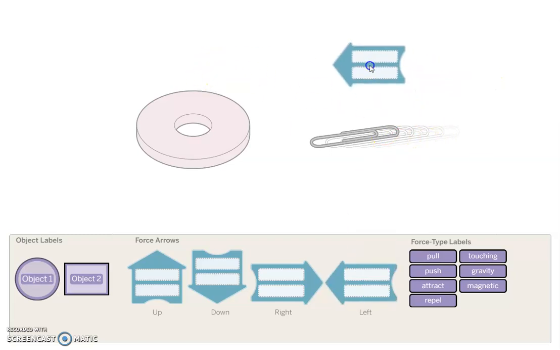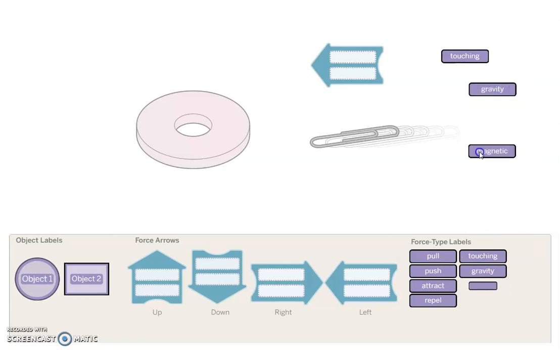So we should have our force being moved this away. The paper clip is going to the magnet. So what would that be? Is this a touching force, a gravity force, or a magnetic force? With the magnet right here going this way with the paperclip going this way to the magnet.